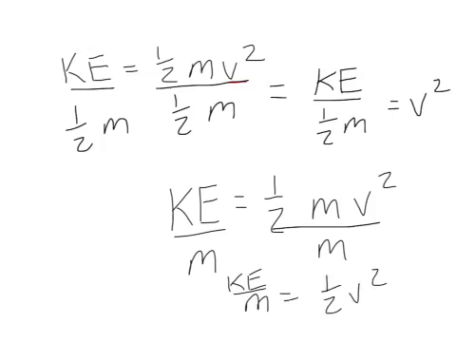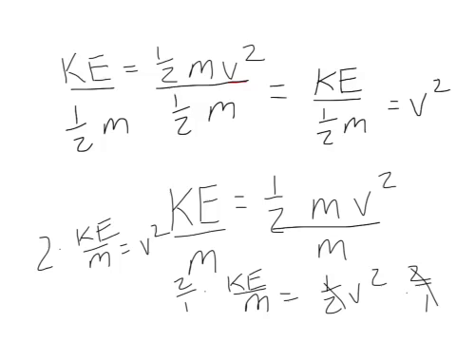Then multiply each side by 2 over 1, which would cancel out the half. And then that would leave you with 2 times KE divided by m equals velocity squared. So you can use either way, you'll get the same answer, but personally I'm going to be using the first one.